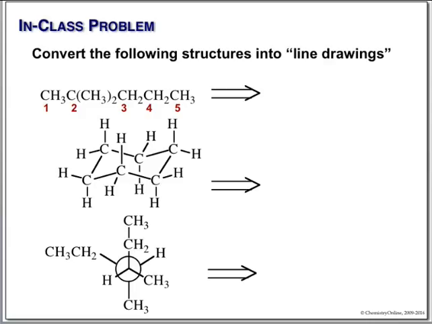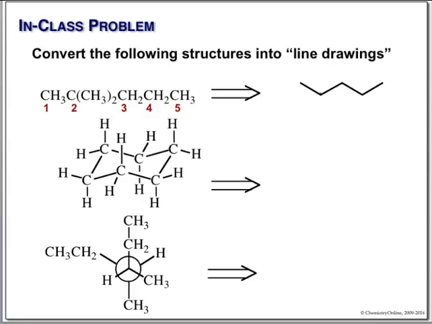So we would simply do this: 1, 2, 3, 4, 5 carbons. And that's our carbons numbered 1, 2, 3, 4, and 5. Both ends are CH3s. These guys are CH2s.